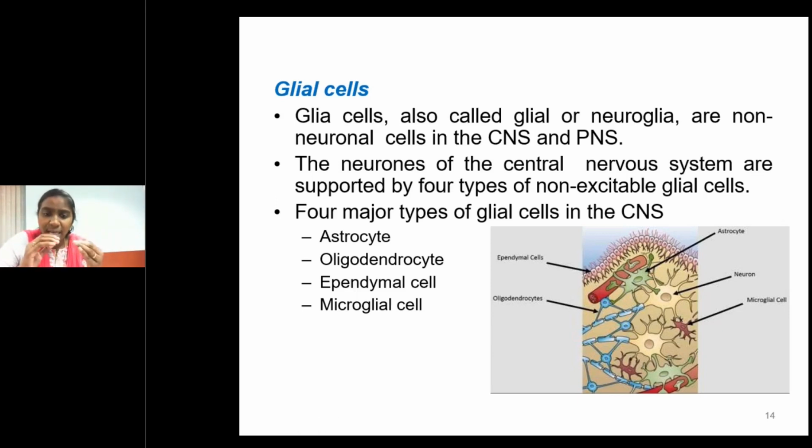These astrocytes form a protective layer that we call the BBB, the blood-brain barrier. Understood? The blood-brain barrier is a protective layer formed by the astrocytes, whose shape is a little star-shaped.